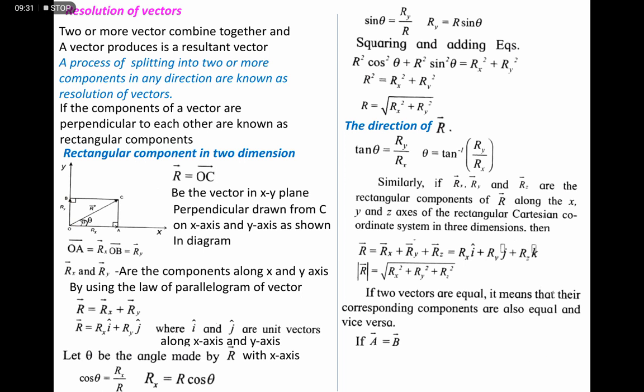Suppose a bar equals b bar, then in the Cartesian coordinate system, ax i bar plus ay j bar plus az k bar must be equal to bx i bar plus by j bar plus bz k bar. Then definitely the components must be equal. We'll write ax is equal to bx, ay is equal to by, and az is equal to bz.